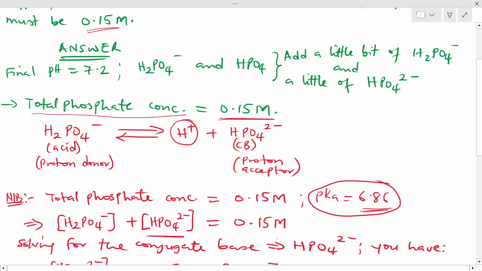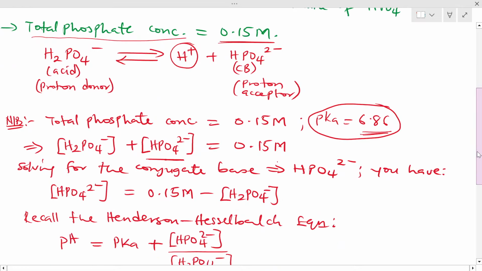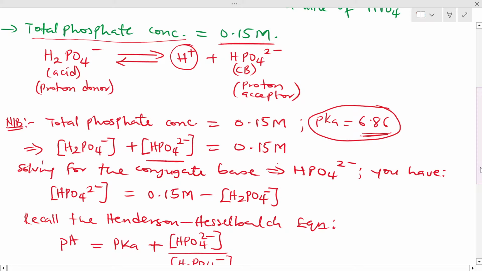So your total phosphate concentration, equal to 0.15 molar, will simply be the concentration of H2PO4 minus plus the concentration of HPO4 2 minus, and that gives 0.15 molar.